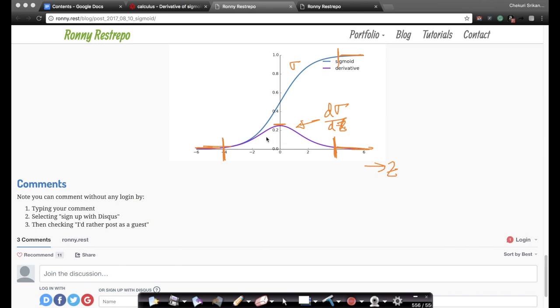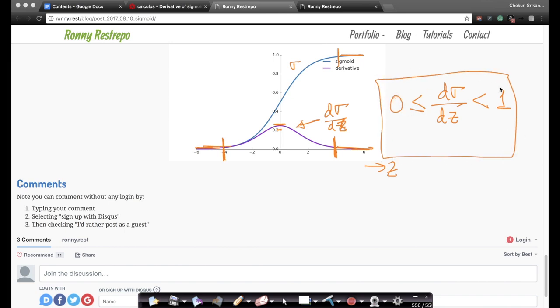So the most important thing here is the derivative of sigmoid. It's always less than 0.3. It's actually small. It's always less than 1, and of course always greater than or equal to 0. This is a very important thing that we'll see why in the next video.